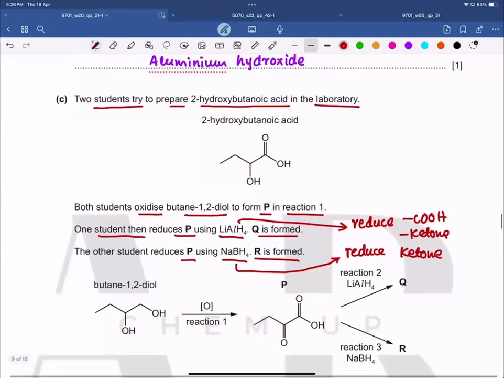Okay, so it means when this reaction is performed using LiAlH4, the product would be, here we get an alcohol and here we also get an alcohol. So again, butane-1,4-diol is formed.